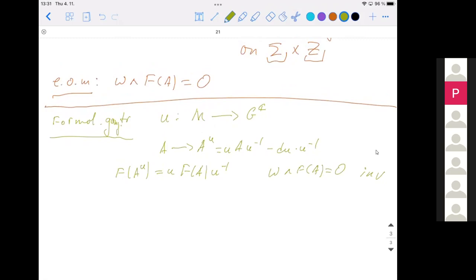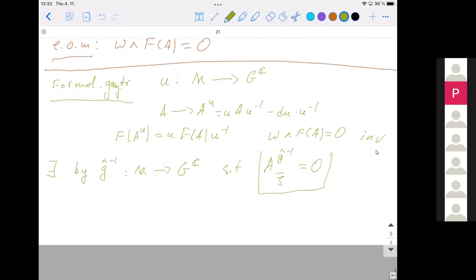Suppose there exists a formal gauge transformation such that the transformation of this gauge field in the zeta bar direction is actually 0.